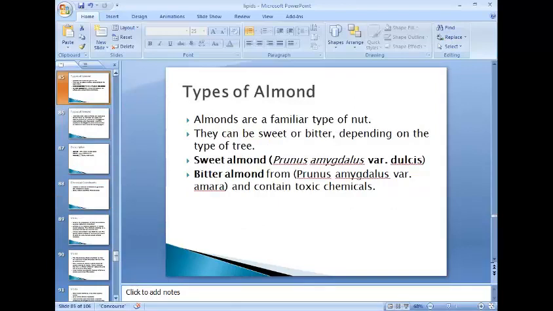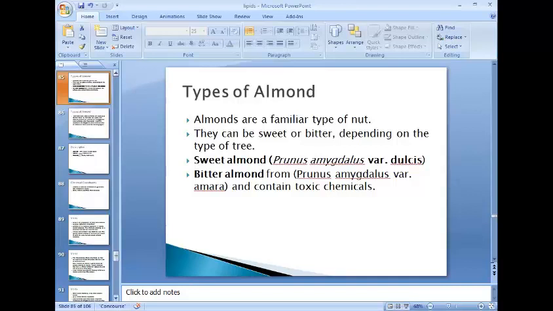Almonds are of two types, bitter almond and sweet almond. The sweet almond is called Prunus amygdalus var. dulcis, whereas bitter almond is Prunus amygdalus var. amara.